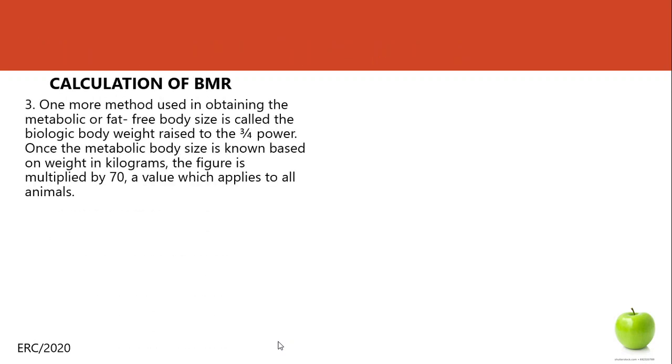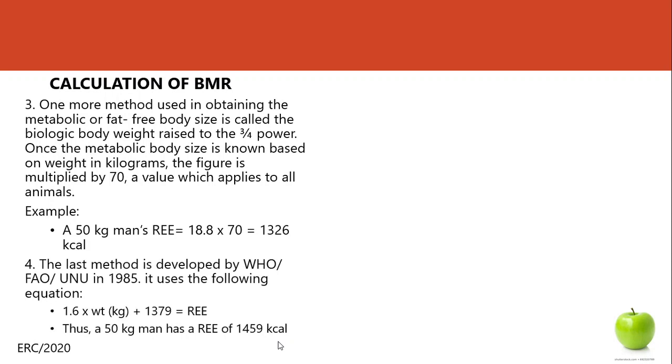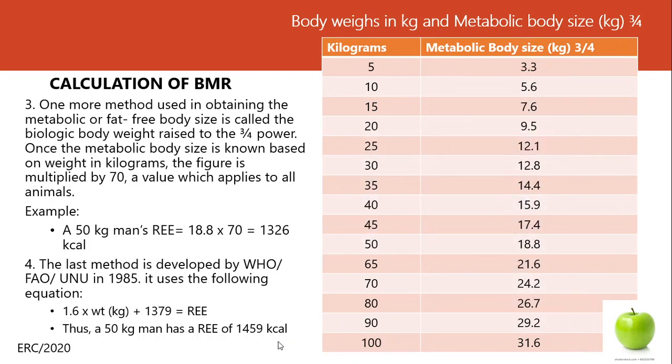Next is the one more method used in obtaining the metabolic or fat-free body size, called the biologic body weight raised to the 3/4 power. Once the metabolic body size is known based on the weight in kilograms, the figure is multiplied by 70, a value which applies to all animals. So for example, for a 50 kilogram man, REE is equal to 18.8 times 70.